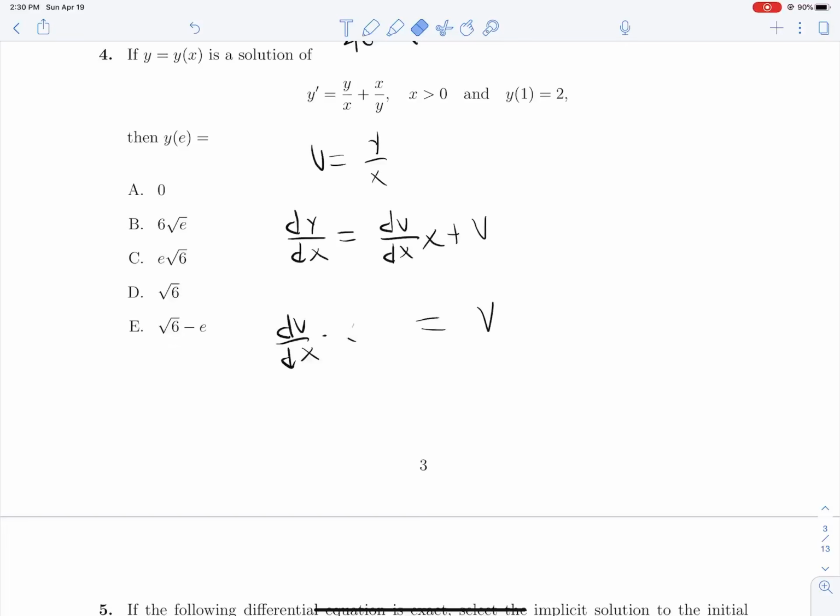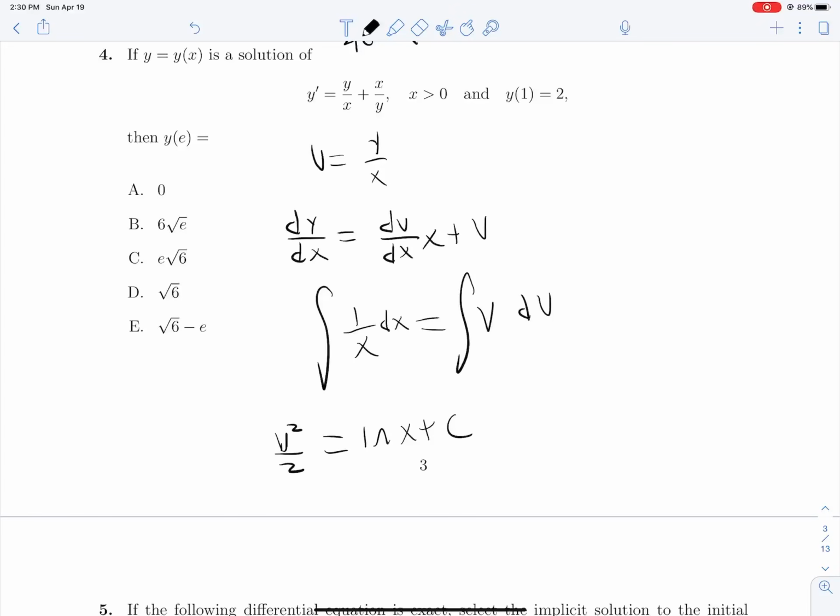We'll have v here, 1 over x, and dx over dv. Let's multiply that dv over dx and integrate both sides. And I should actually have the v, I'll move the v side over to the left. We'll have v squared over 2 is equal to ln x plus c.